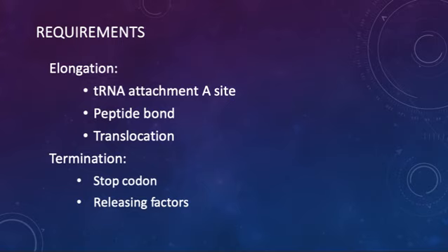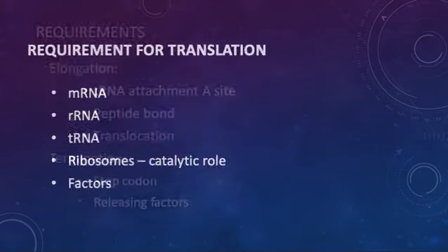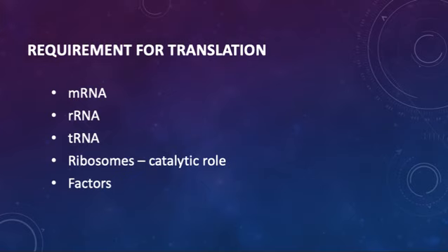Next, we'll go on to the whole process of translation. You also require mRNA, rRNA, tRNA, and then you require the ribosomes, which play a catalytic role, and you also require certain factors which play an important role in all the steps of translation.